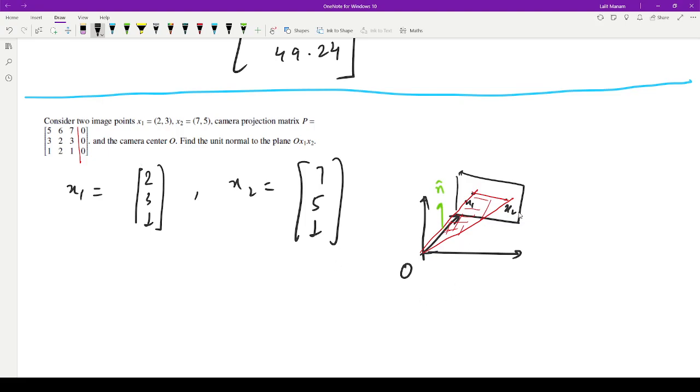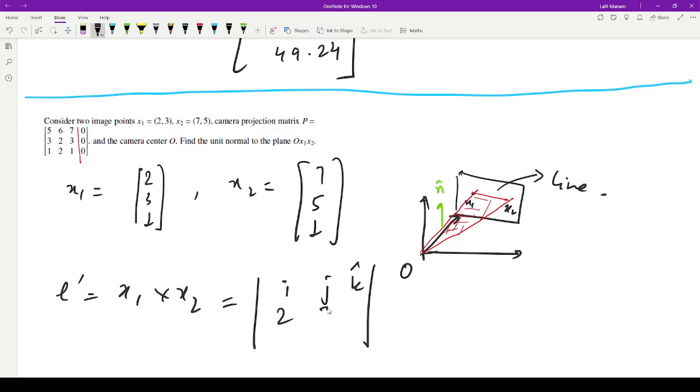So first what we'll try to do is find the line, and finding a line is easy in this space, which is just x1 cross x2. If I write it like this, i j k, 2 3 1, 7 5 1.